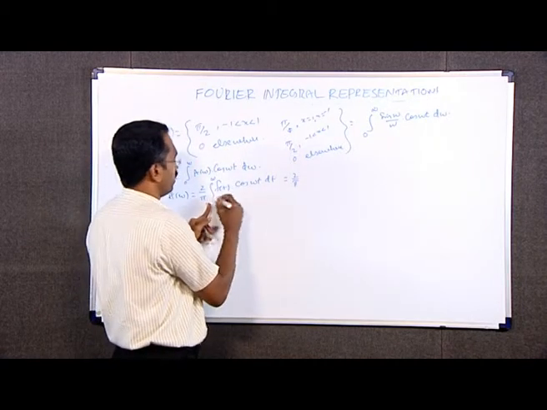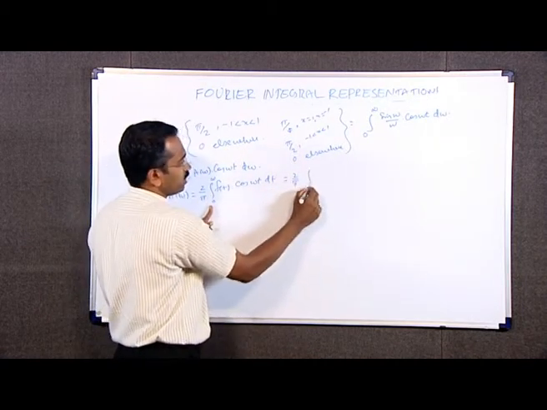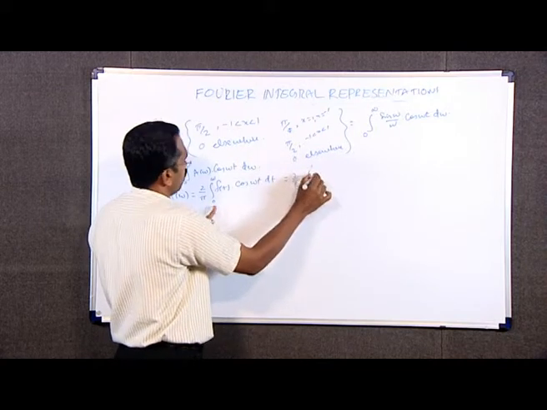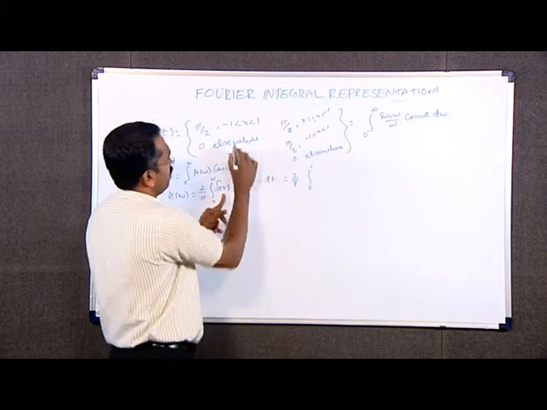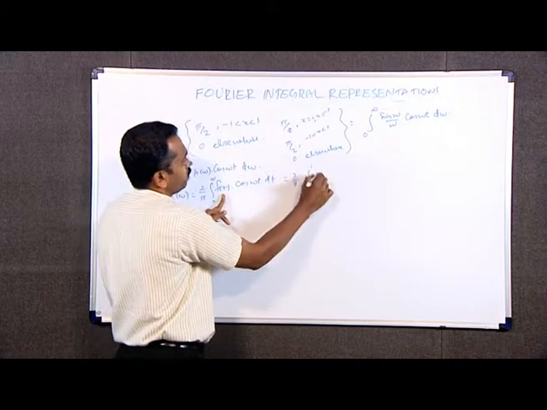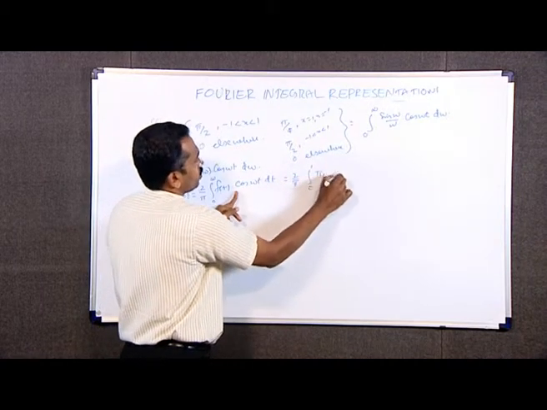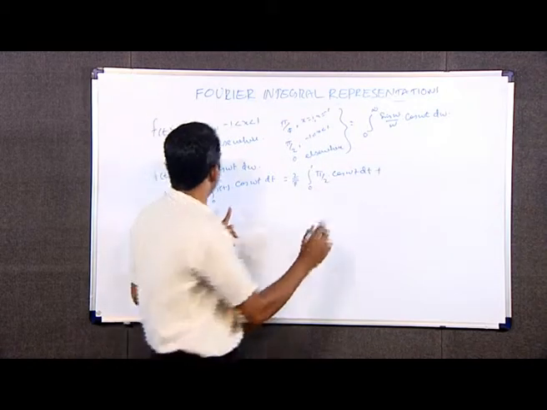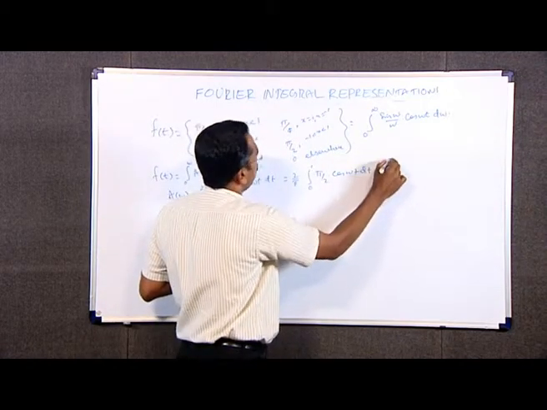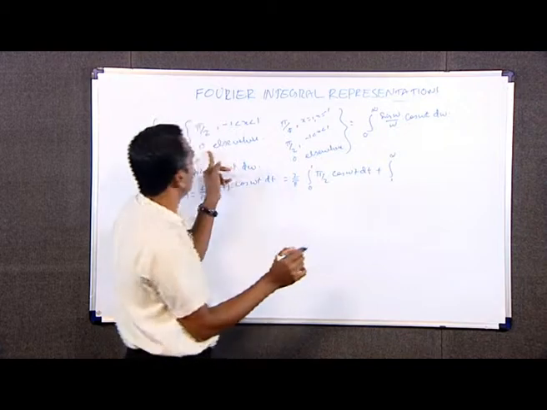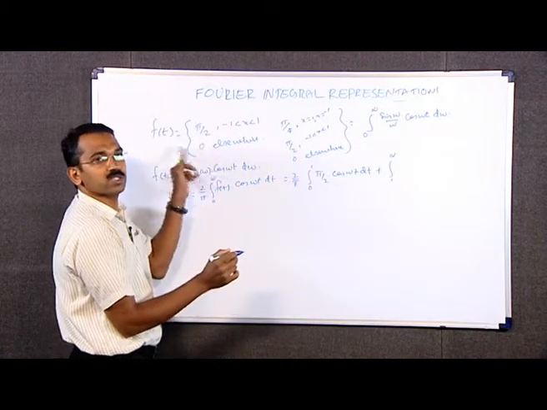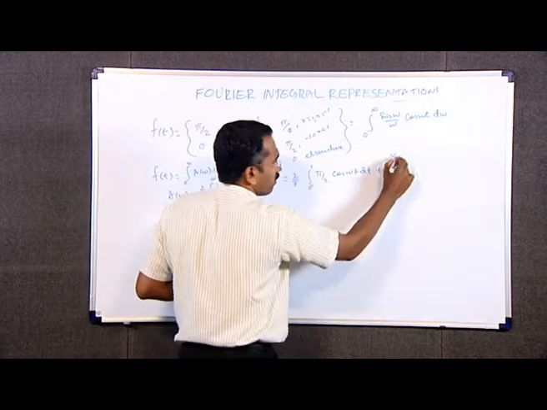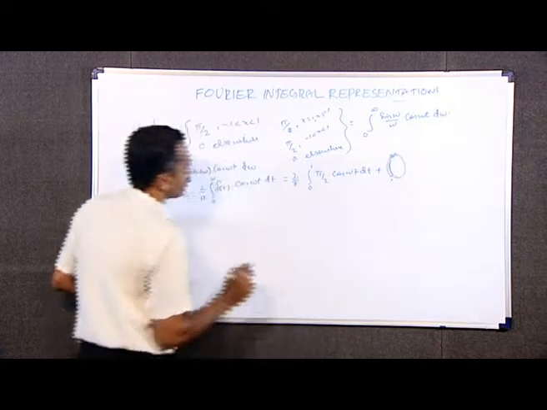Therefore, we have to split this integral: 2 by pi into integral from 0 to 1, where f of t is pi by 2, into cos omega t dt, plus integral from 1 to infinity. In this case, from 1 to infinity the function is defined as 0. Therefore, the value of this integral is 0.